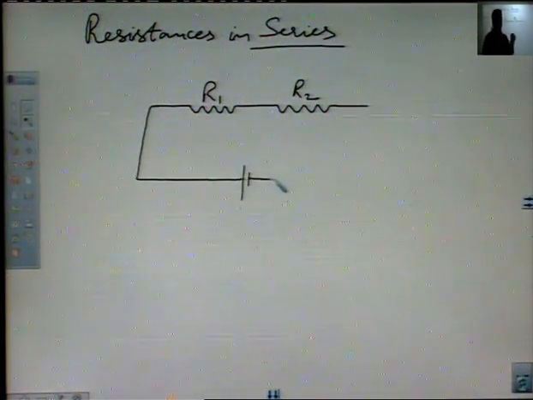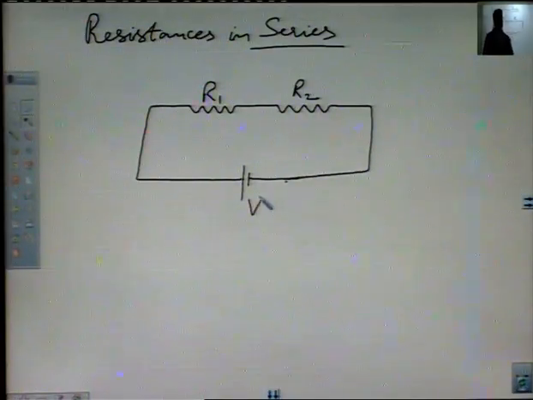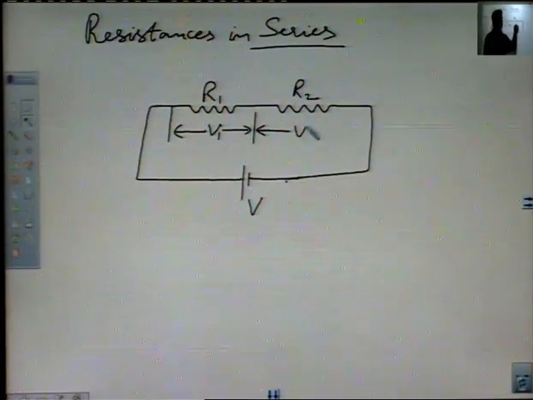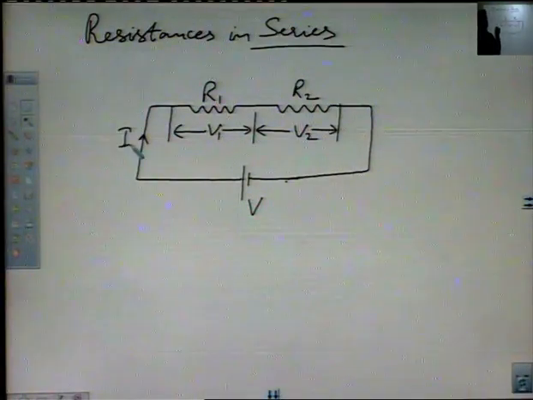Let a potential difference V be applied across these two resistances. A potential drop V1 will appear across resistance R1 and V2 will appear across resistance R2, and a current I will flow through these two resistances.